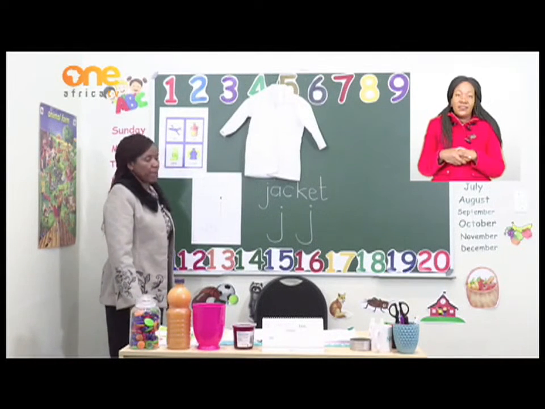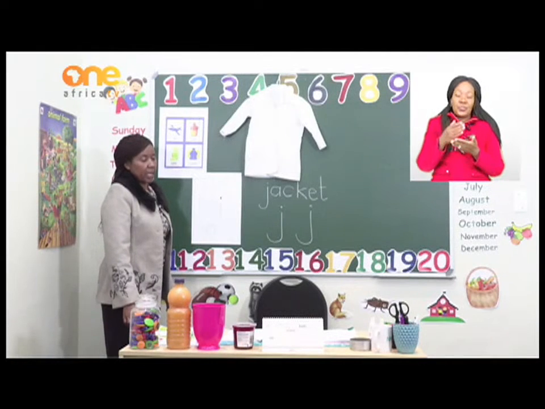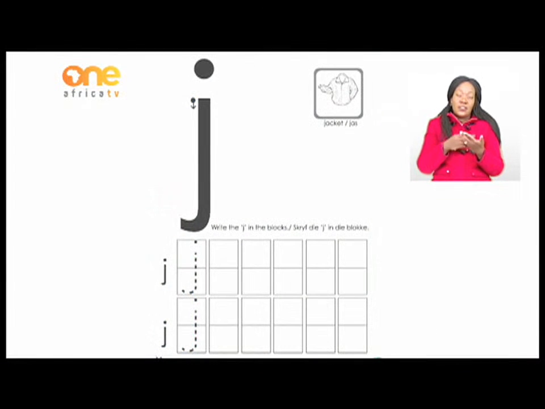So if we go back to our booklet on page 18, it says, write letter J. Now, do we know what is the sound for letter J? Letter J says J, J, J, as in jug, jam, juice, jacket, jar.